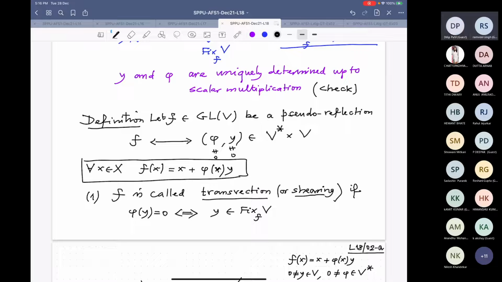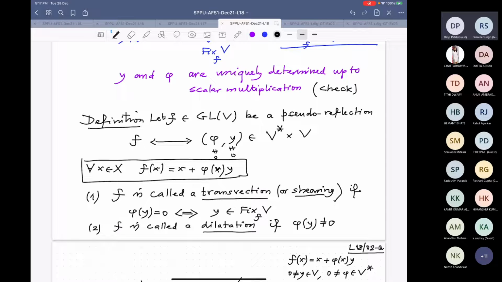F is called a dilatation if phi(y) is non-zero. And one more comment I forgot to write here.